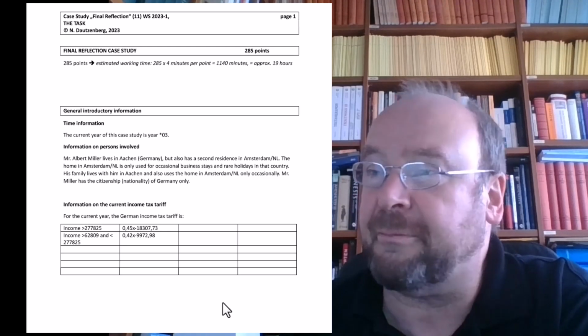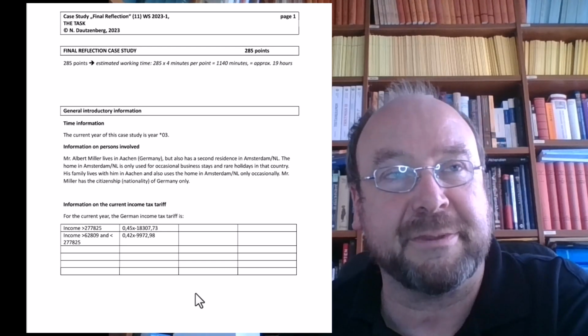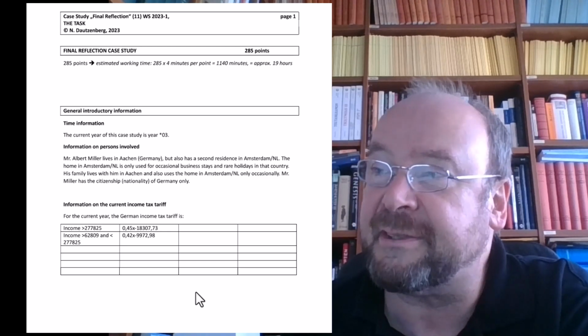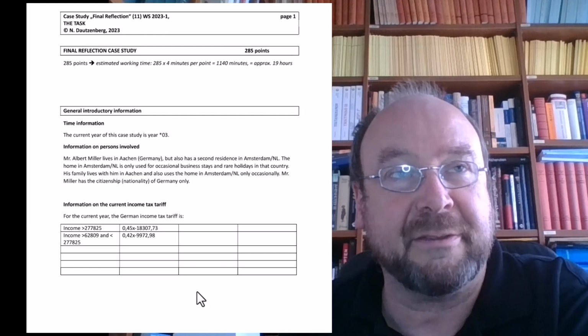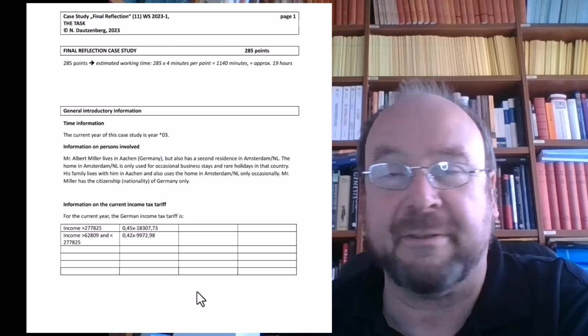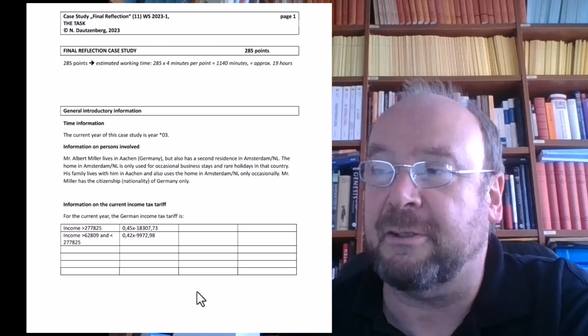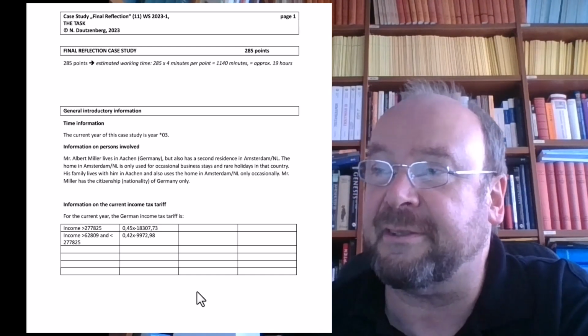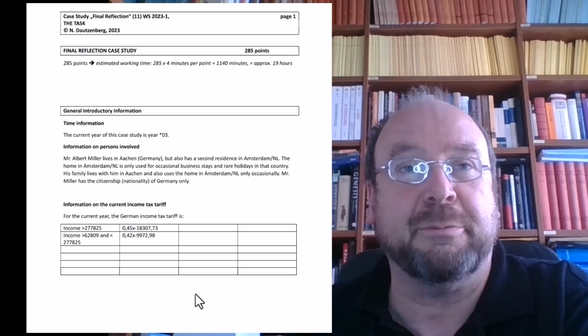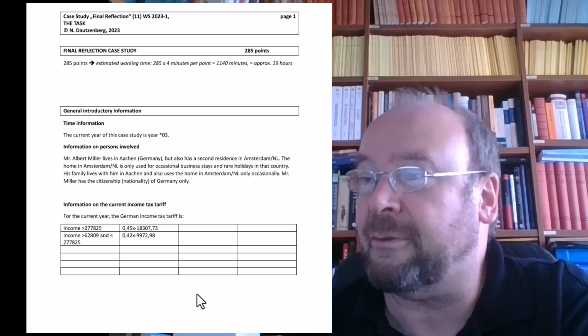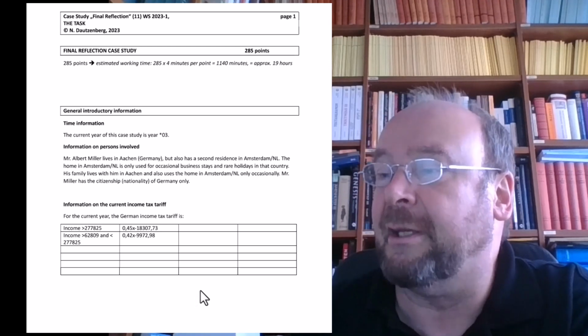The income tax is 45% on all your income minus a deduction factor when your income is higher than 2,785. If it's lower than that but higher than 62,809, then you pay 42% on everything minus a correcting factor again.